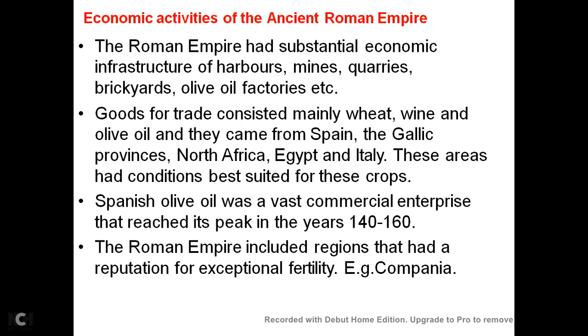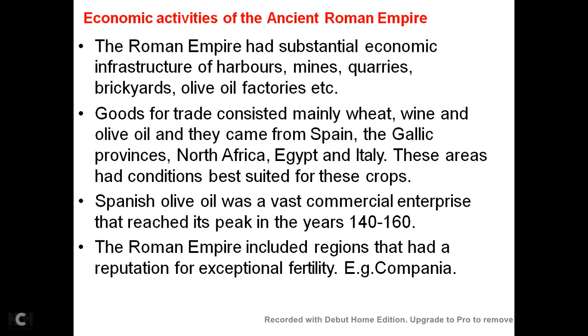By using such evidence, our archaeologists are able to show that Spanish producers succeeded in capturing markets for olive oil from their Italian counterparts. This would only have happened if Spanish producers supplied a better quality oil at a lower price.